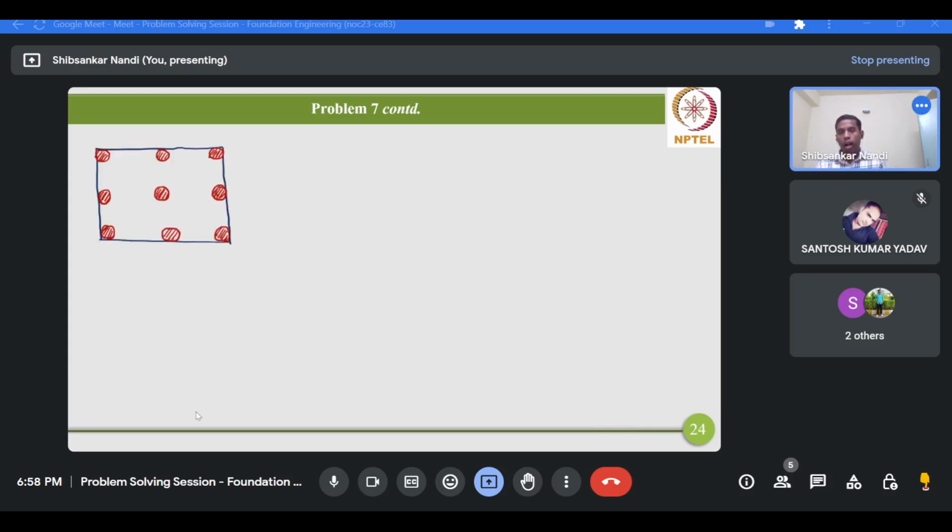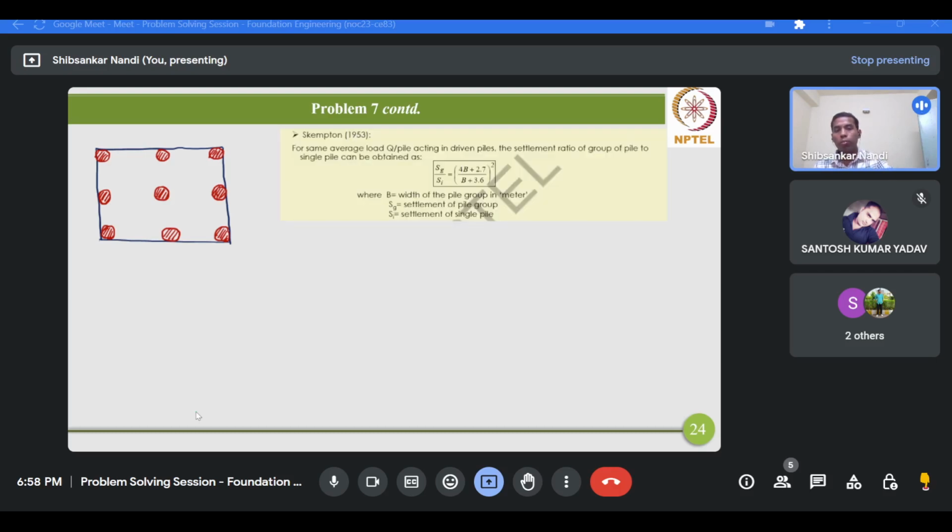Now, how can we extrapolate this to the settlement of the pile group? We can extrapolate in this fashion. This method is basically recommended by Skempton. Here the group settlement divided by the individual pile settlement is expressed as (4b plus 2.7) divided by (b plus 3.6), whole square.